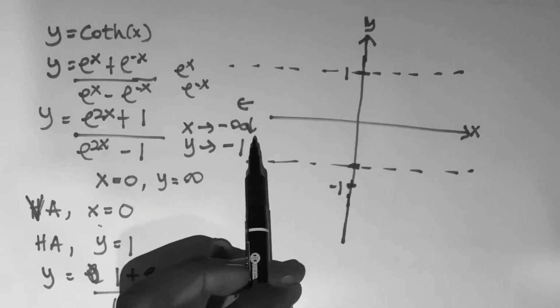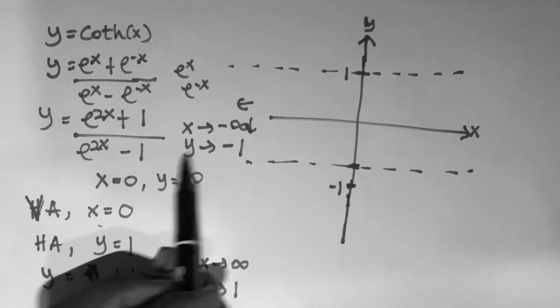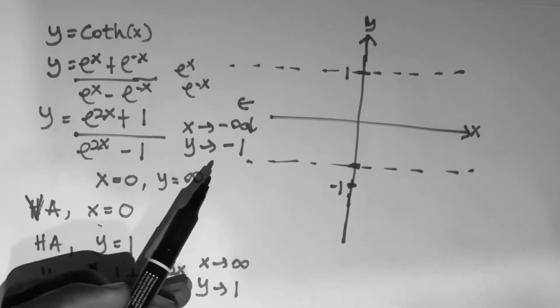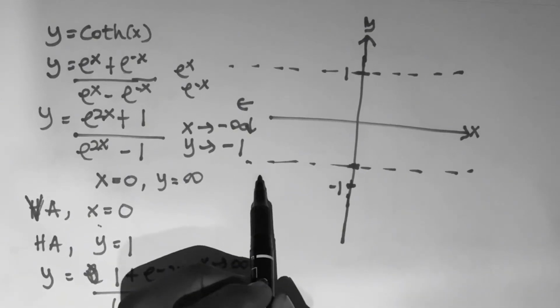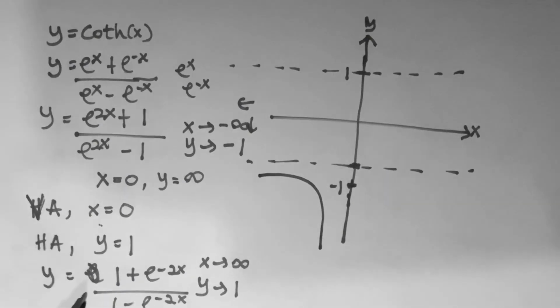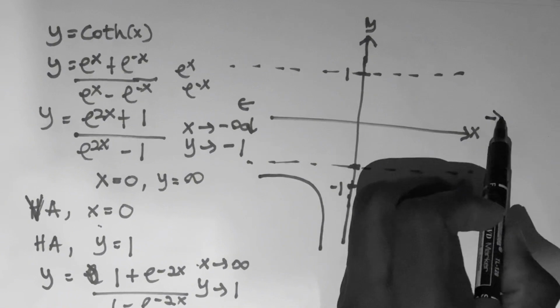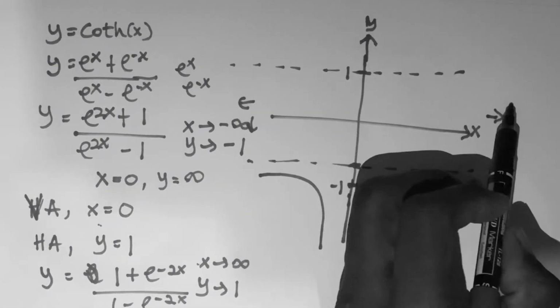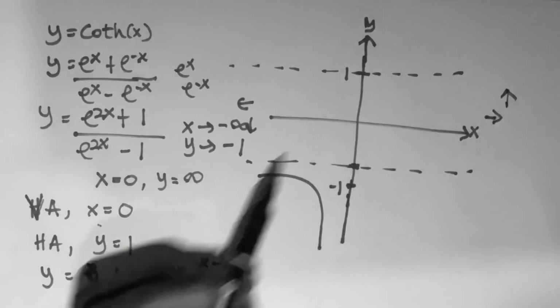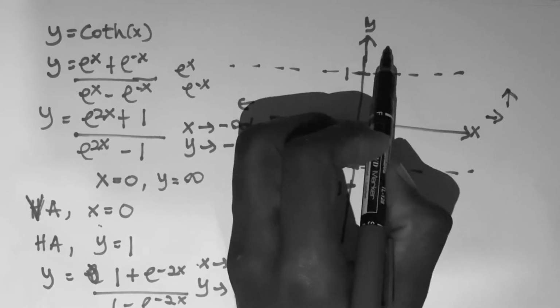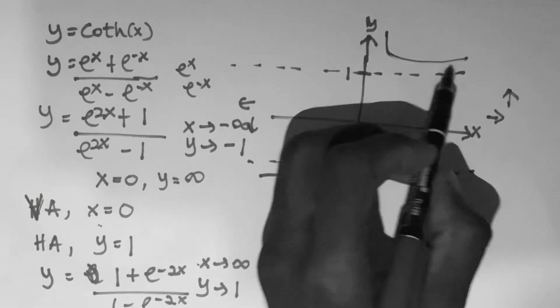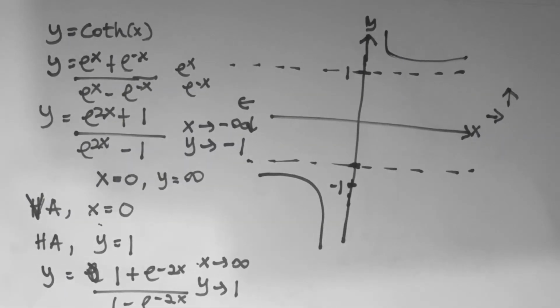So as x approaches minus infinity, y approaches minus 1. So this curve is going to look like this. And then as x approaches infinity, y approaches 1. So this one too is going to look like this. So this is the nature of the curve.